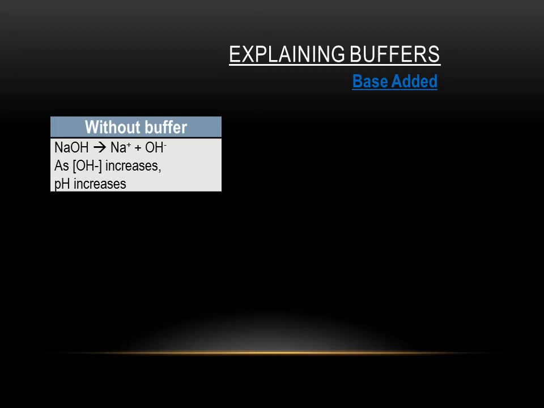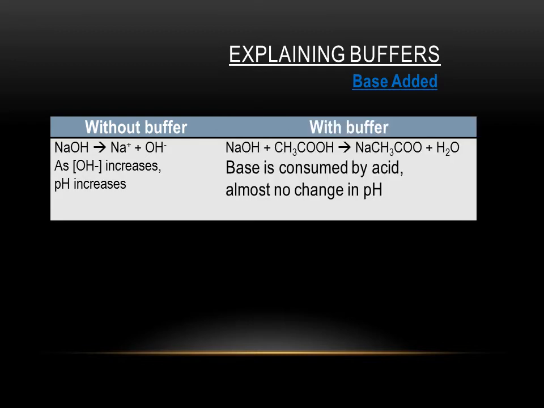Again, with no buffer, adding a strong base is going to be a significant source of hydroxide ions. It's going to increase the concentration of hydroxide ions and consequently increase the pH. If we add a buffer, when the strong base is added, it's going to react with the acetic acid that's present in the buffer.